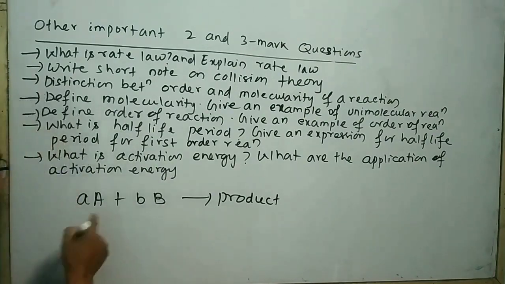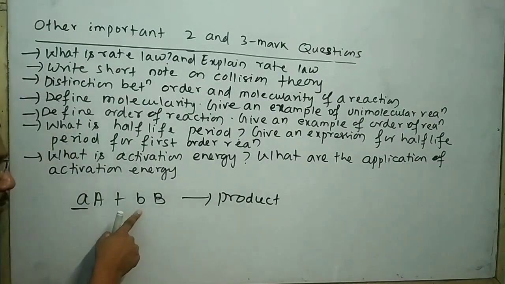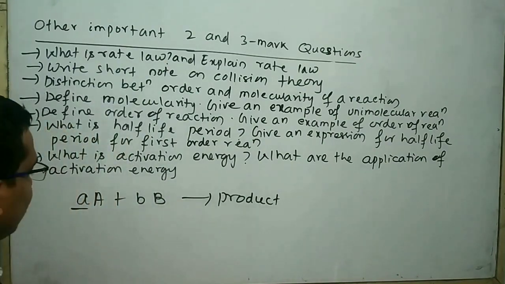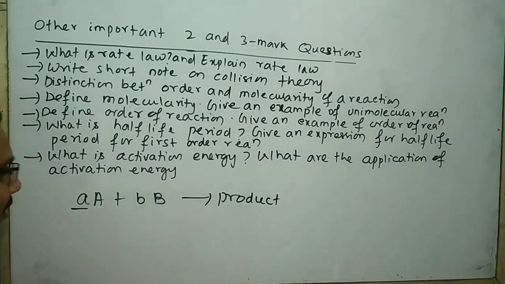Suppose I will think about this reaction. Here a mole of A reactant is taken which reacts with b mole of B reactant, and then the product is obtained. You cannot say that a mole of A and b mole of B will affect the rate of reaction.